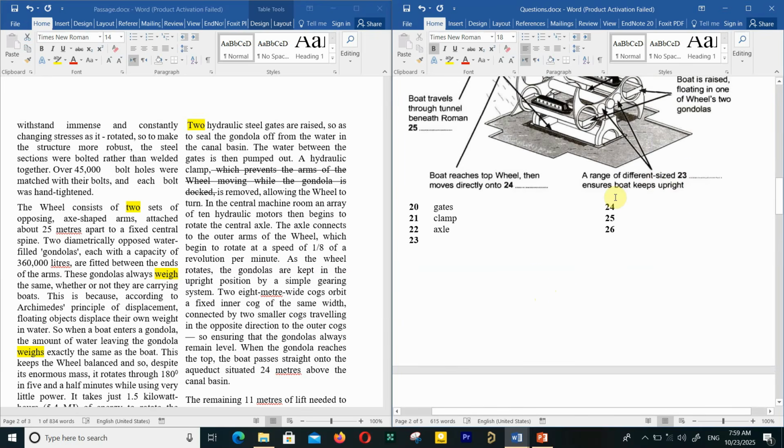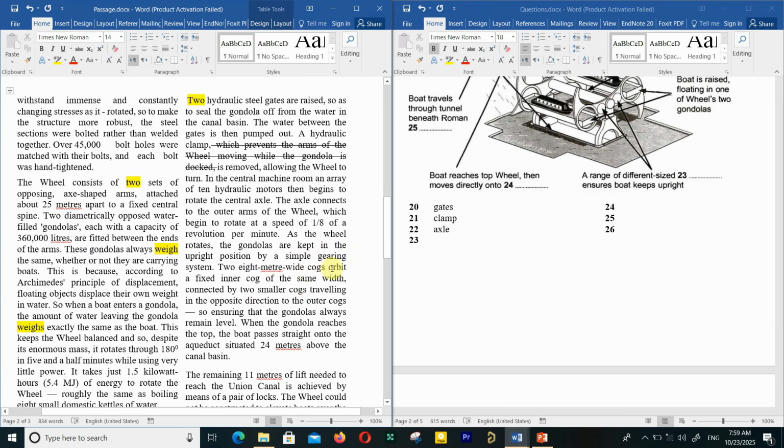And "different sized." So here, as the wheel rotates, the gondolas are kept in the upright position by a simple gearing system. Two 8-meter wide cogs orbit a fixed inner cog of the same width, connected by two smaller cogs traveling in the opposite direction to the outer cogs, ensuring that the gondolas always remain level.